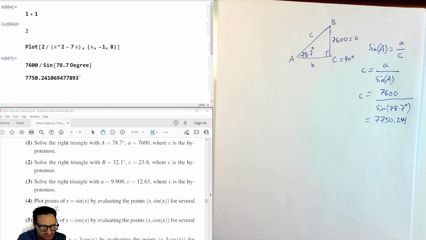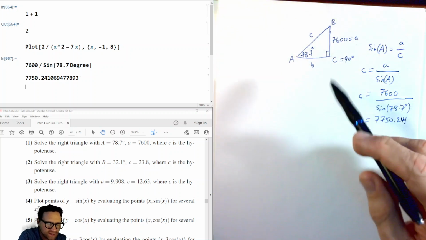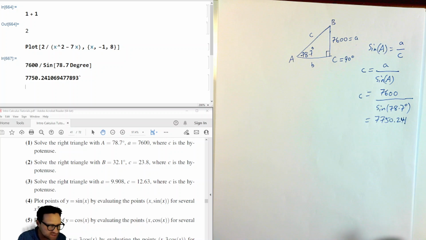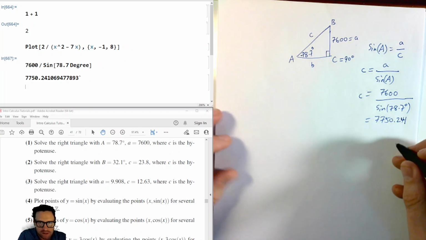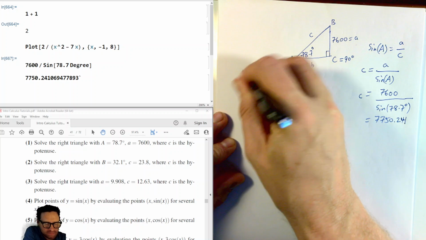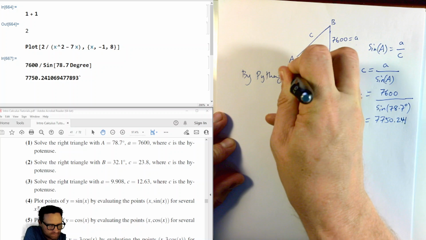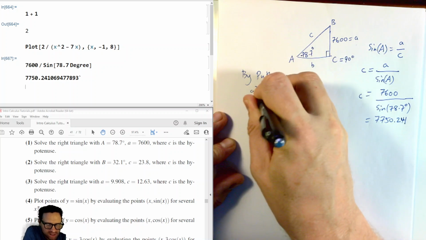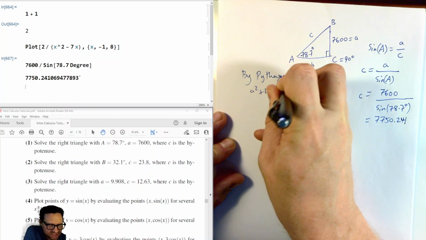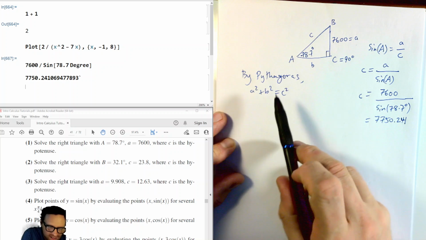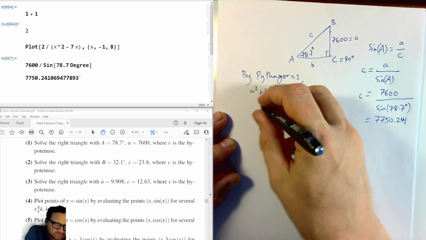Okay, now that we've got c, we can find b using Pythagoras' theorem. So by Pythagoras, we have a squared plus b squared is equal to c squared. We've just calculated c squared and we're given a squared.